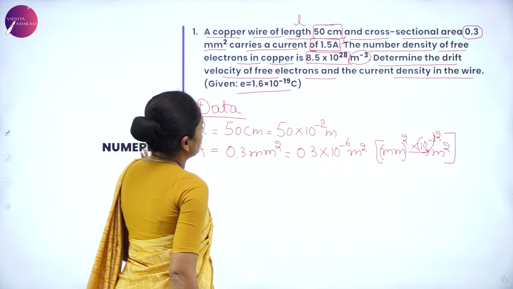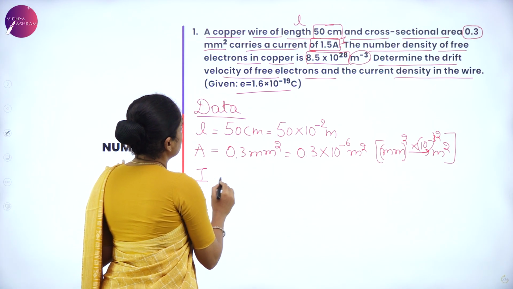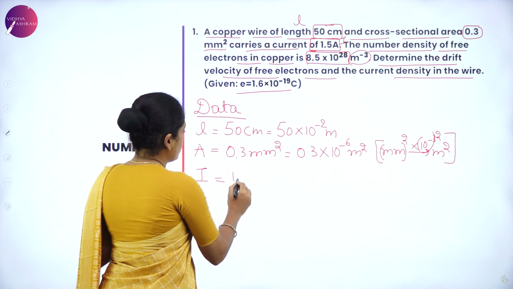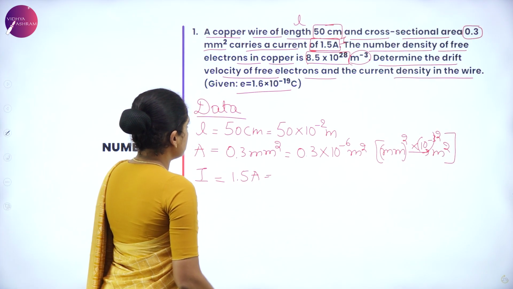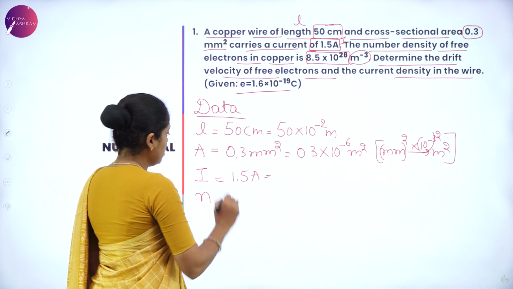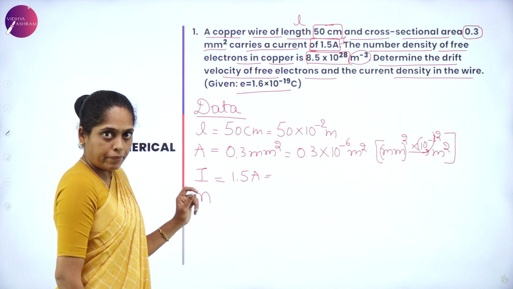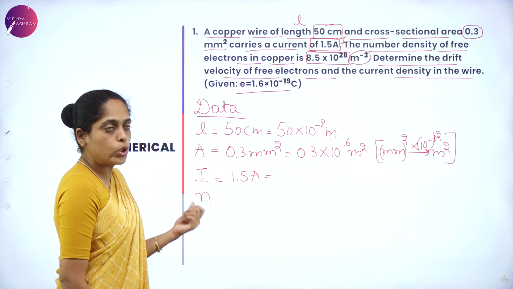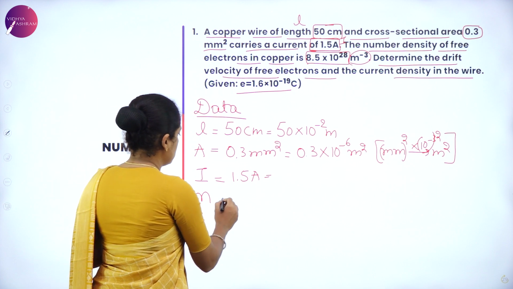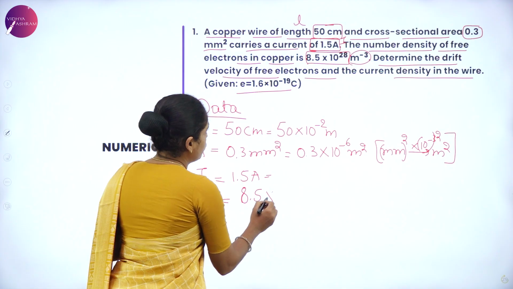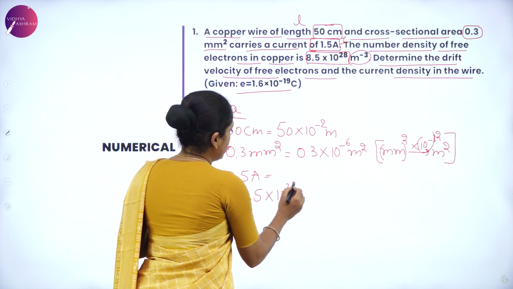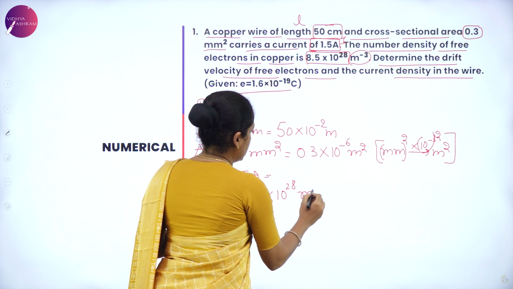The next what we have is current in the copper wire is 1.5 ampere. Next, the number density, that is n, the number per unit volume, is 8.5 into 10 power 28 per meter cube.